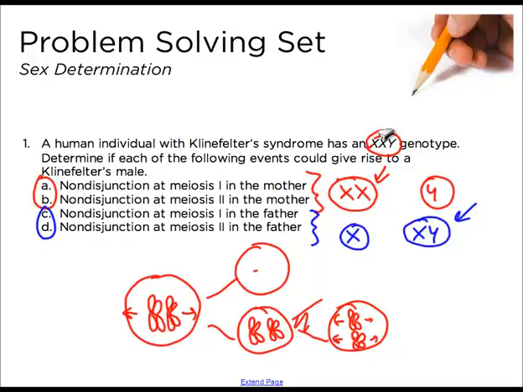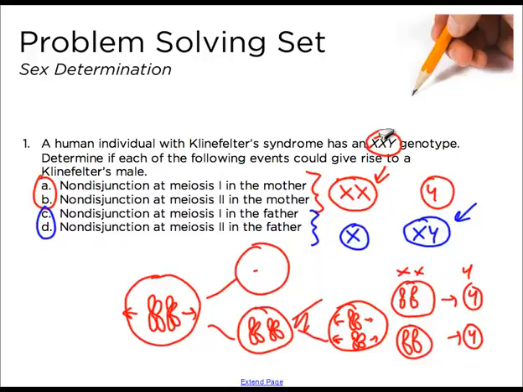But even if it goes right, we're going to make two cells, each of which has two X chromosomes in them. And if this fertilizes a male's normal Y-containing gamete, you're going to get XXY.